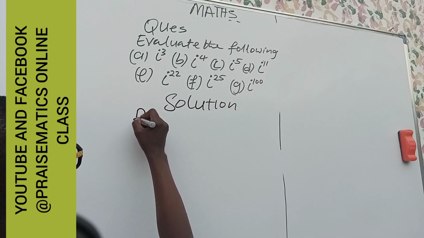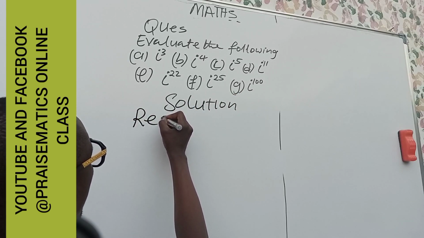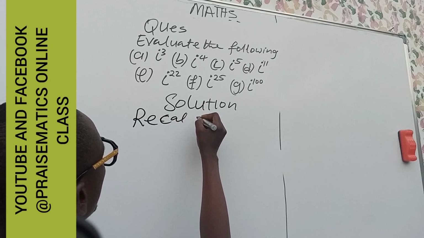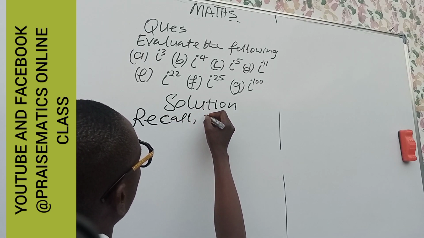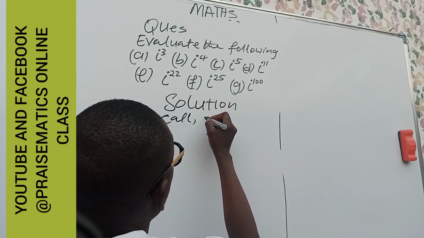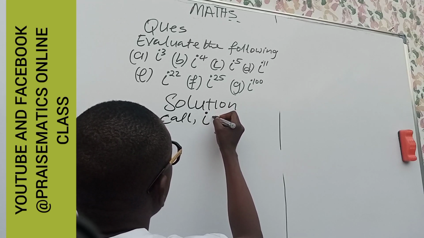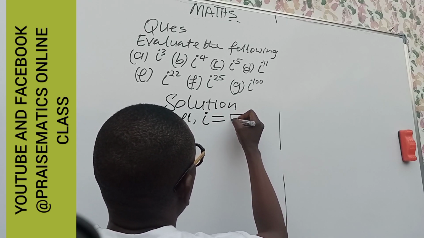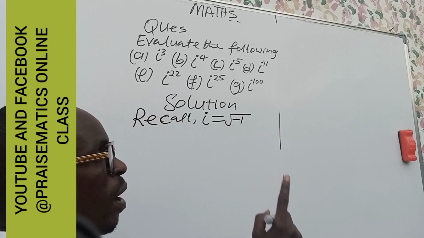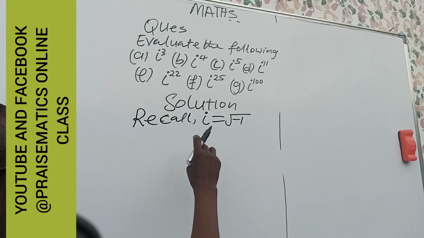Always recall from complex numbers that i is equal to the square root of minus 1. From our previous class, you can recall that.